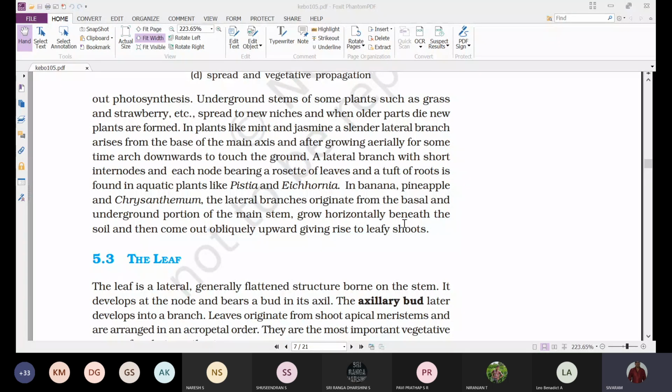So from the underground stem, some shoots develop, and this one will grow in an oblique or inclined manner, at a certain angle to the underground stem, and later becomes aerial, and this aerial part forms the leafy shoots. Such structures we call suckers. They are observed in banana, pineapple, and chrysanthemum.